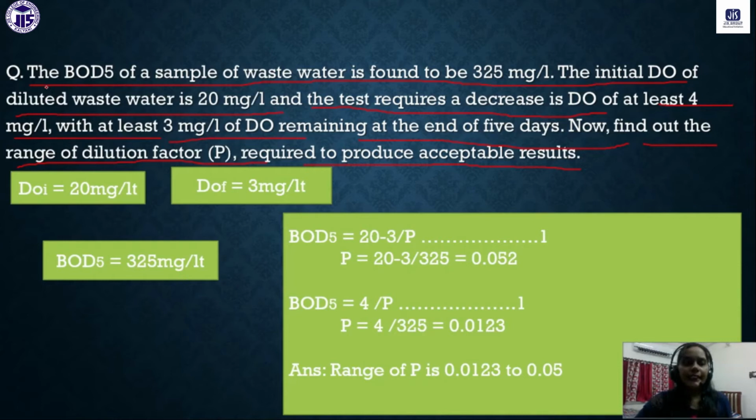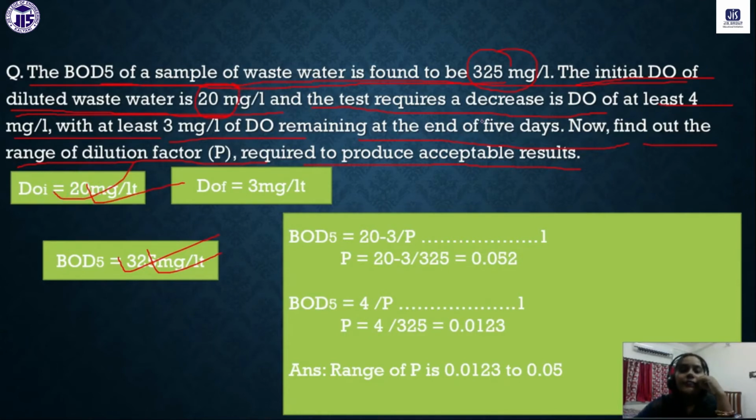In the first sentence, let's see, the BOD 5 of a sample of wastewater is found to be 325 milligram per liter. That means BOD value is given, checked. 325 milligram per liter. Now the initial dissolved oxygen of diluted wastewater is 20 milligram per liter. Okay, initial value is given. Understand?